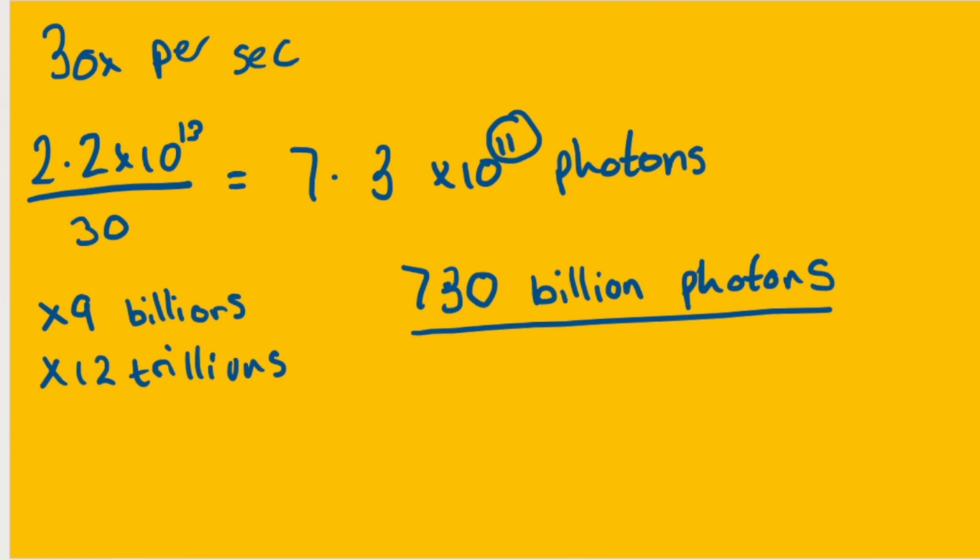But we can go even further than this, and we can work out how far away you would have to be from the light source so that your eye would literally see one photon. Because the further you stand away from the light source, the more it spreads out.